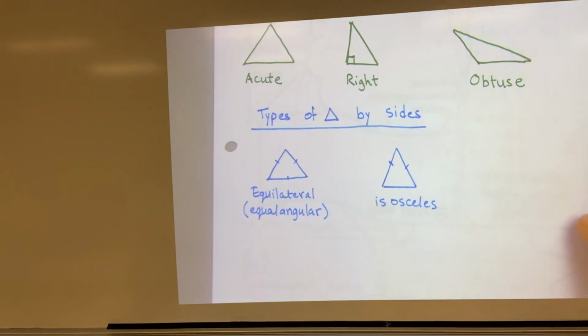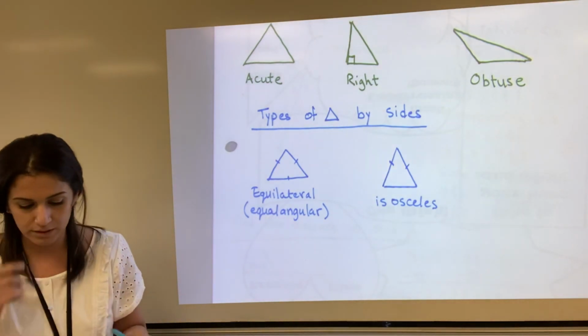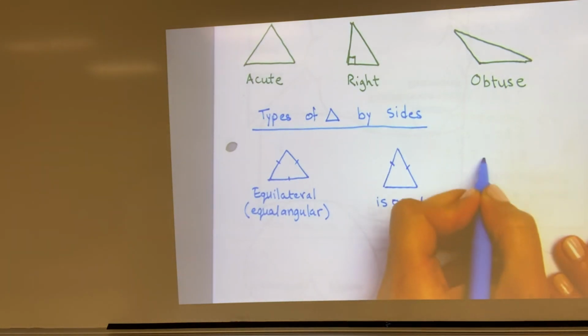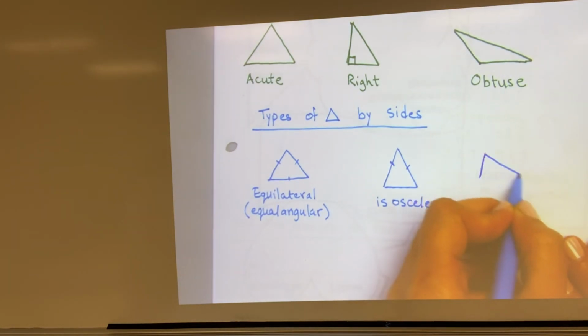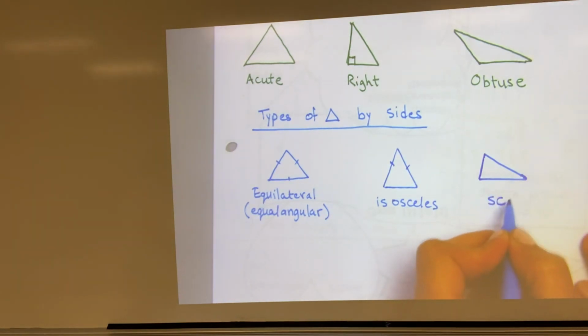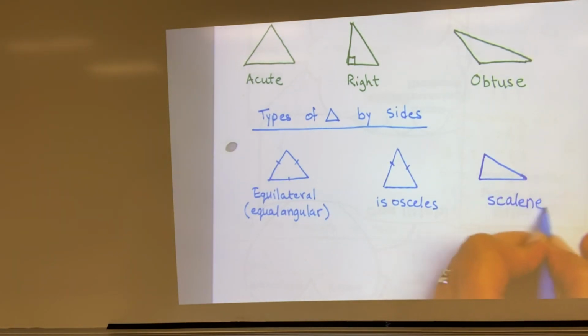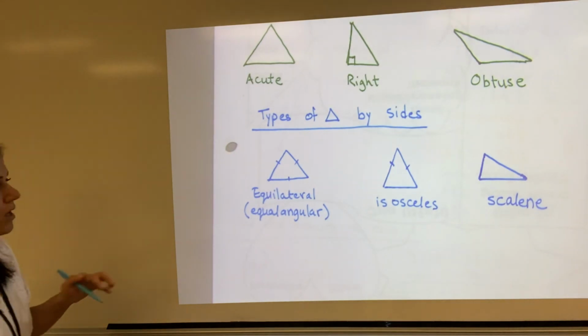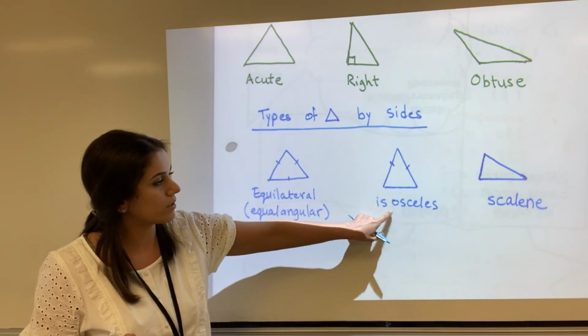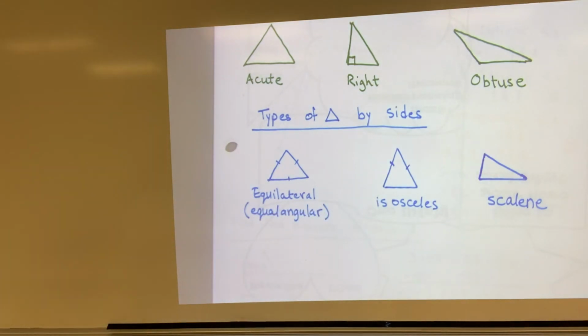And lastly, when none of the sides are of the same length, all sides are different lengths, that's called a scalene triangle. Here, all sides are different. That's a scalene. Okay? All sides are equal, equilateral. Two sides equal, isosceles. All different, scalene.